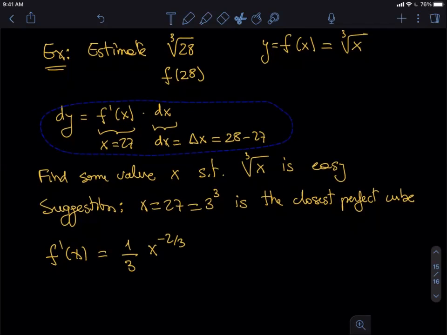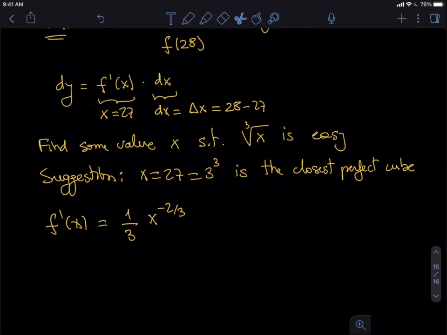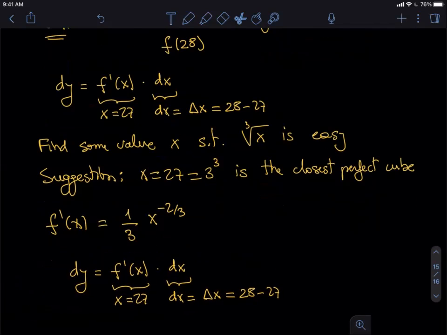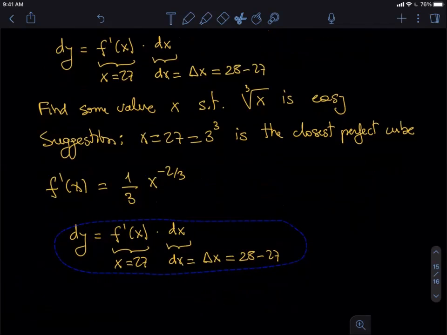So let's continue here. This is going to be 1/3 times 27 to the negative 2/3 times 1. 1 is 28 minus 27.